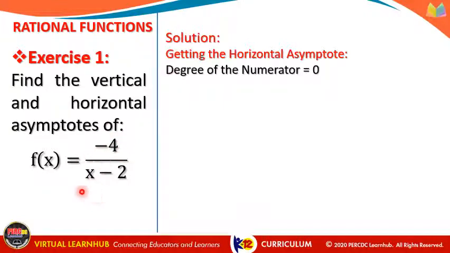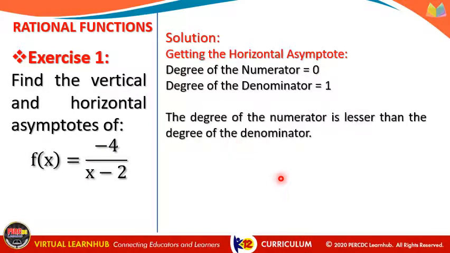Yung baba naman, x minus 2, the highest exponent of x that we can see here is 1. Therefore, the degree of the denominator is 1. As you can see, the degree of the numerator is lesser than the degree of the denominator.